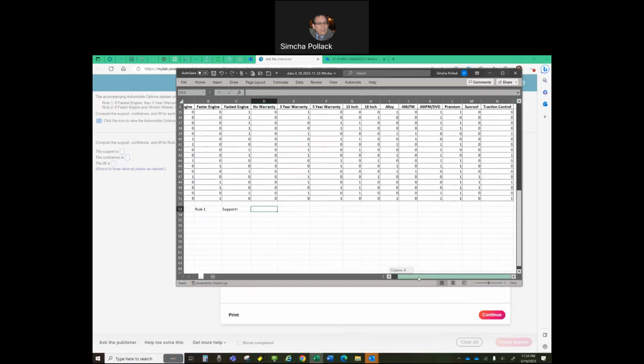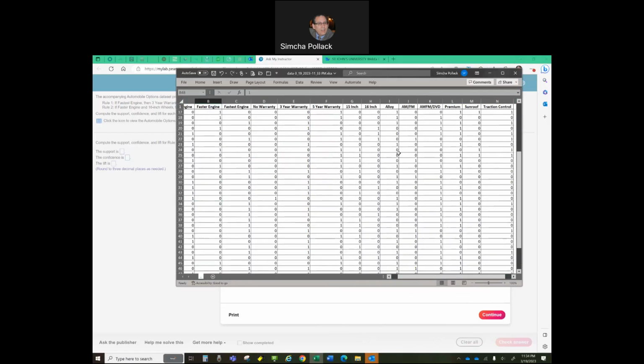We want to know how many times you get ones in both columns. A 1 and a 0 won't help, but here's a 1. Yes, row 48 at least has 1 in common. Because if they don't come in common, they're not associated, let's see how often they come in common.